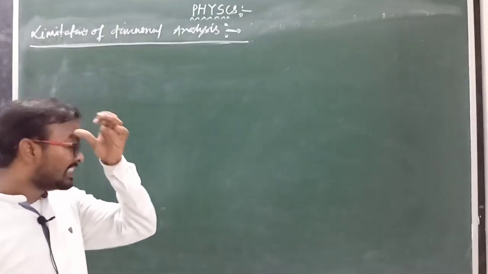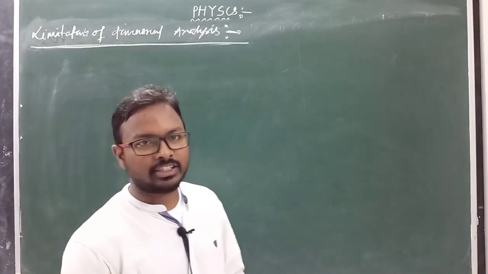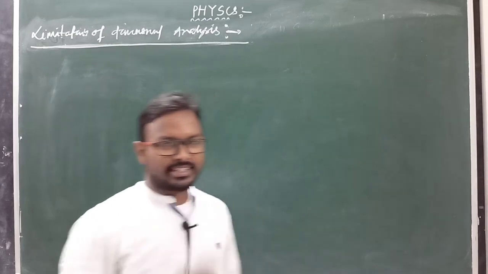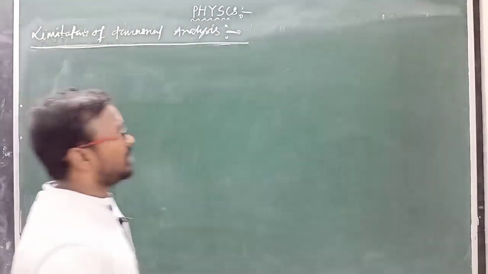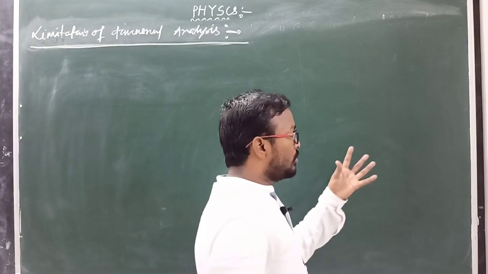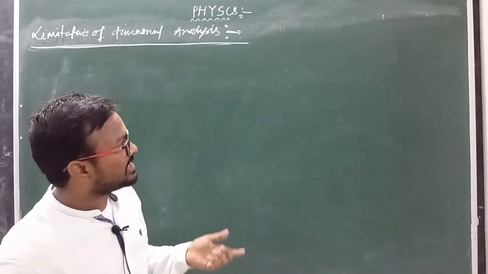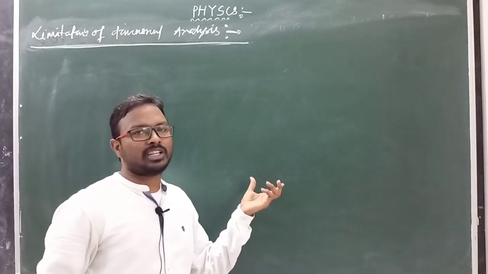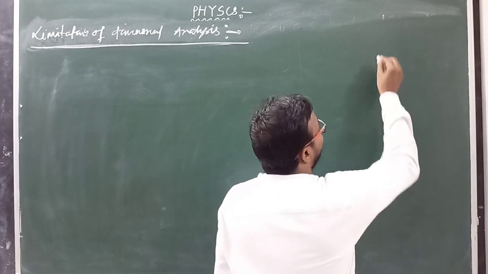Now let's start. What are the limitations in dimensional analysis? Clear? Okay. So first we will see the limitation of dimension. When we express a physical quantity in terms of various physical quantities, there is one constant quantity.